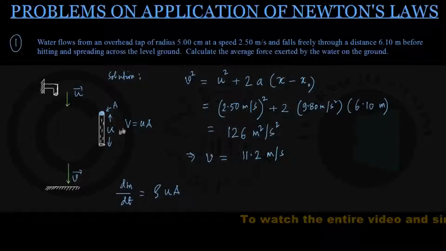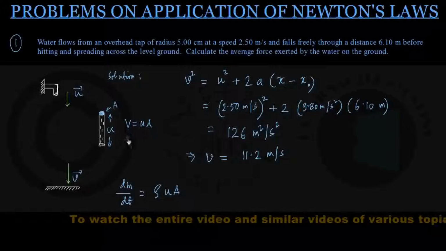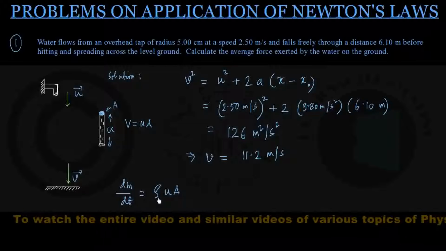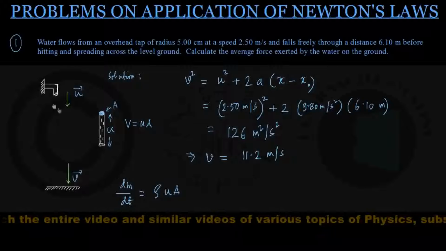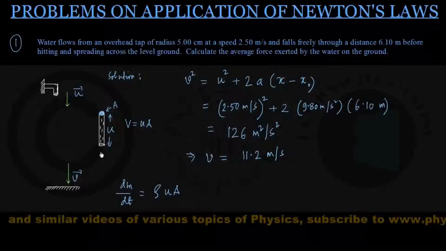Hence the volume was U into A, and the mass of water coming out of the tap was found by multiplying the volume of water by the density rho of water. This is dm/dt, that is, the rate at which the mass of water is coming out of the tap.